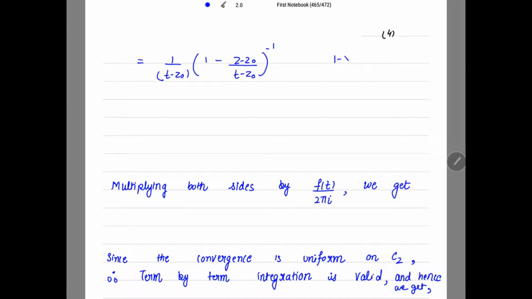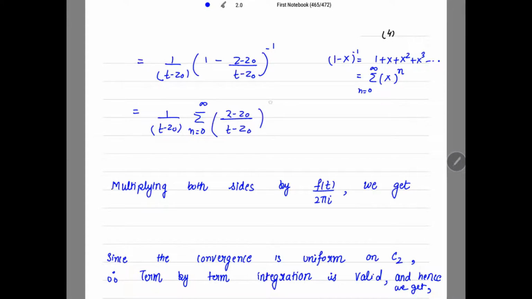See, 1 minus x inverse is equal to 1 plus x plus x square plus x cube, and so on. And I can sum this up as summation x to the power n, where n goes from 0 to infinity. So I'm using this result here: 1 over t minus z naught, and this is nothing but the sum, going from 0 to infinity, of z minus z naught over t minus z naught to the power n.